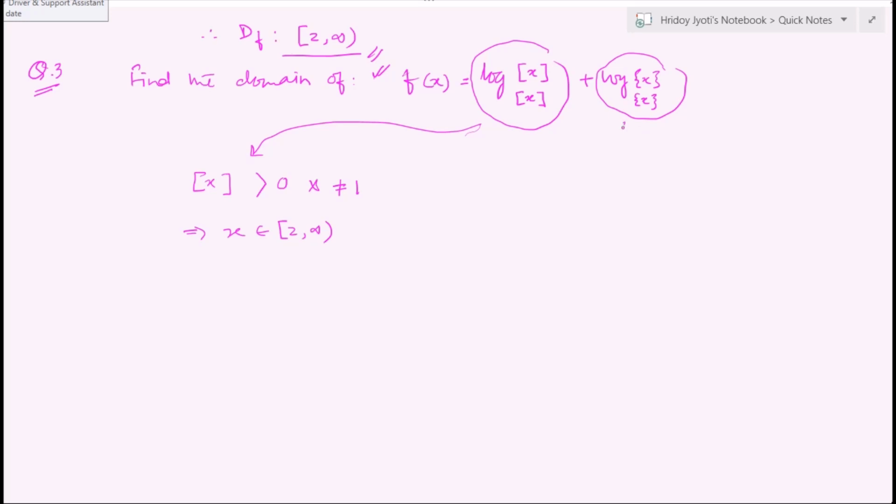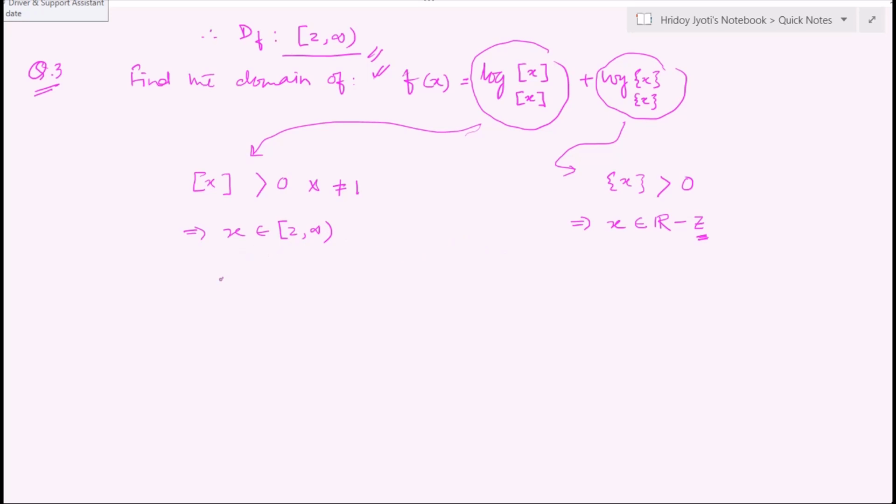And for this function, what we are going to get is the fractional part of x has to be greater than 0. That means x must belong to all real numbers minus integers, because we know that the fractional part of an integer is 0, so we have to subtract the set of integers from the real numbers.